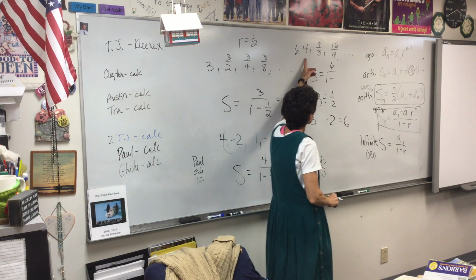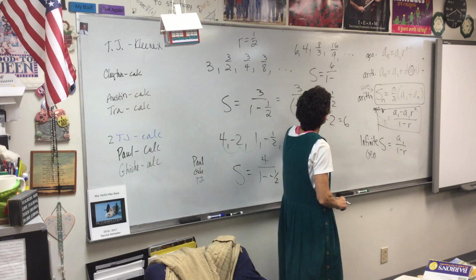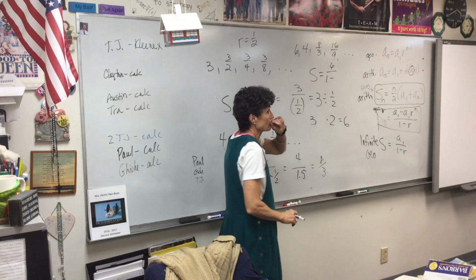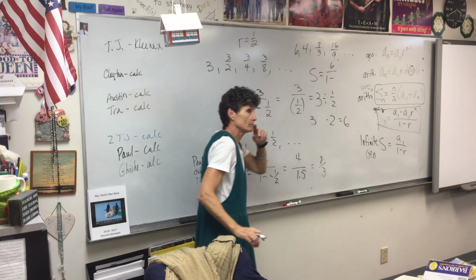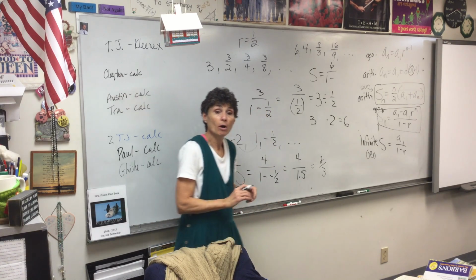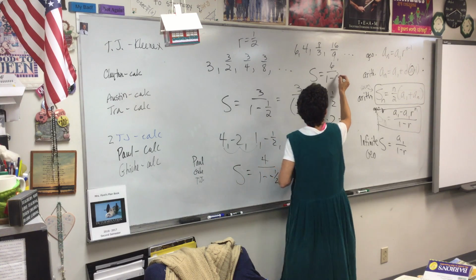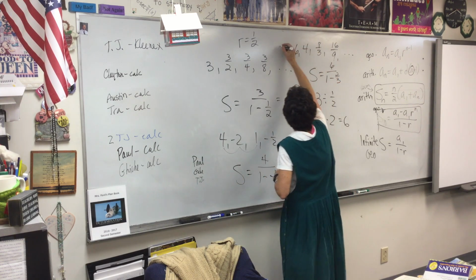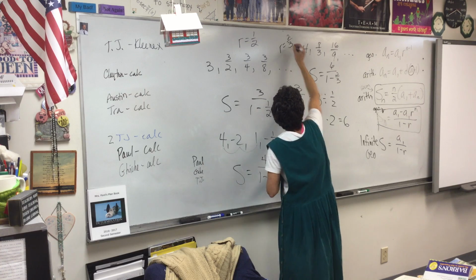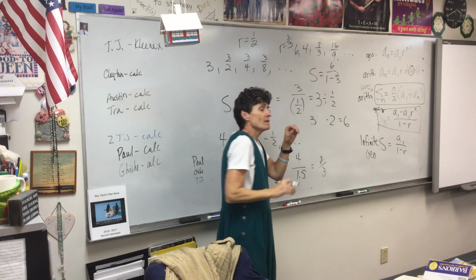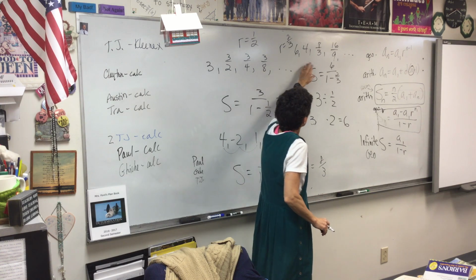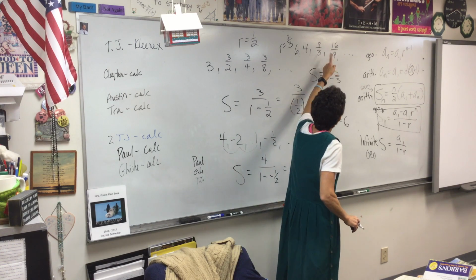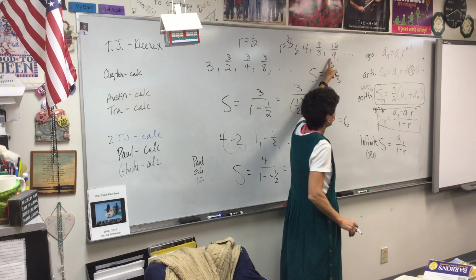How am I getting from term to term? By 2/3. I'm multiplying by 2/3. My ratio is 2/3. Now, if you can't tell, like from the first 2, look at these 2. Can you tell that you're timesing the top by 2 and the bottom by 3?